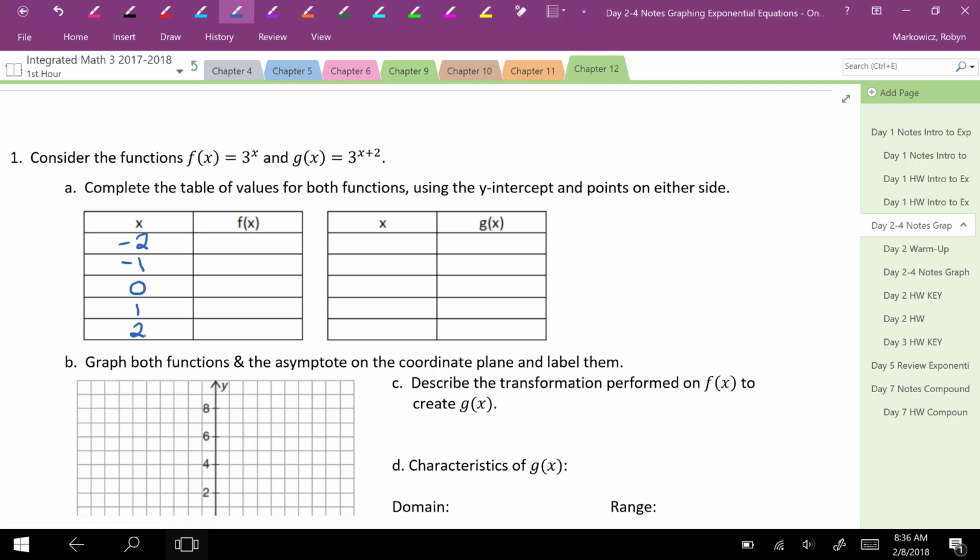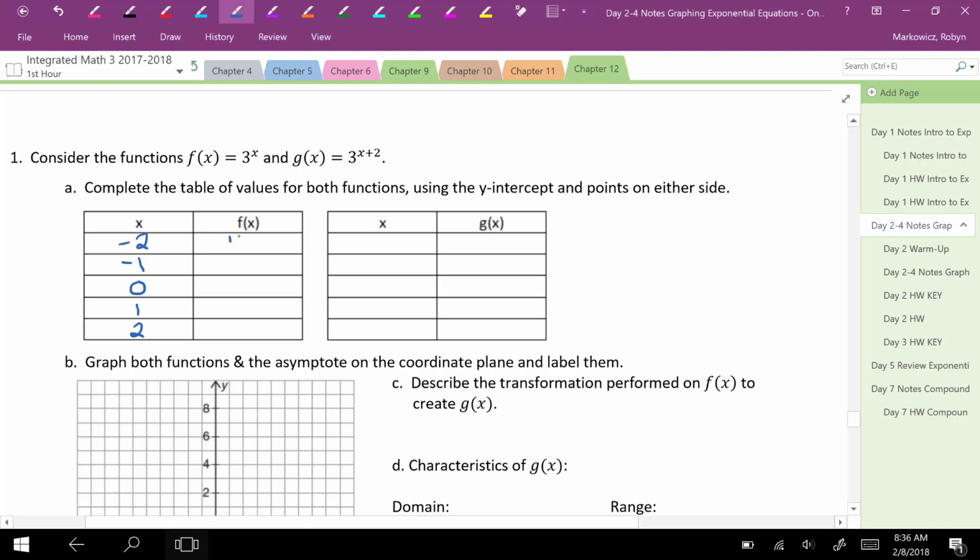So this works. So -2, if we're looking at f of x equals 3 to the x, what is 3 to the -2nd power? 9. The negative tells us what? 1/9. The negative tells you to take the reciprocal, which would be 1/3, and what is 3 squared? 9.